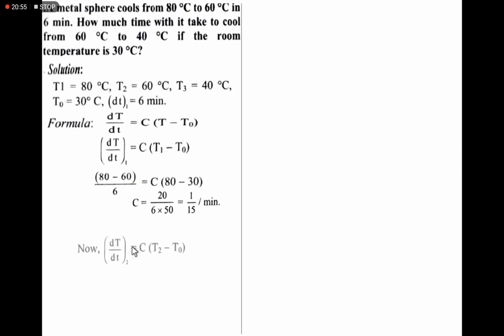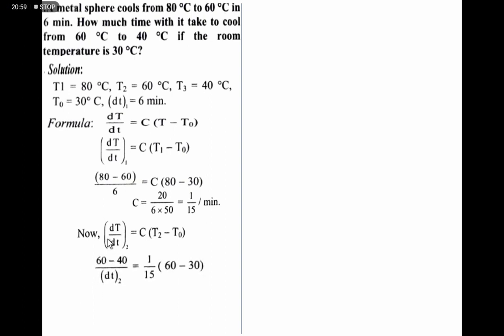Now second time, the temperature decreases from 60 to 40 degrees Celsius. That time we have to find out the time for which the temperature becomes 40 degrees Celsius. So C is 1 by 15, and this time the body temperature is 60 and the temperature of the surrounding is 30.